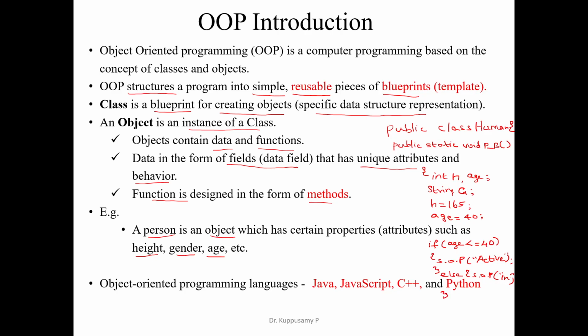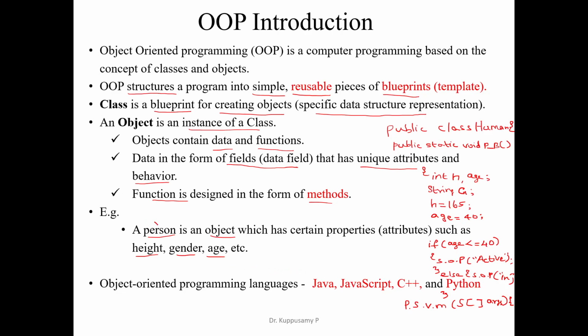Now I closed the method. Now I am calling public static void main, String array args. Open braces. I am defining the object. What is the object?